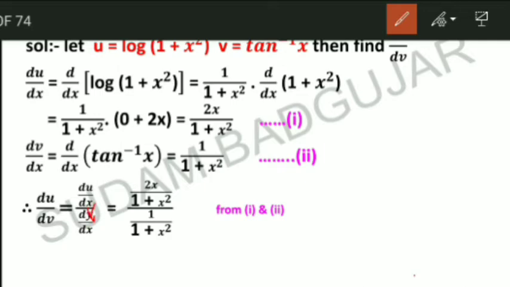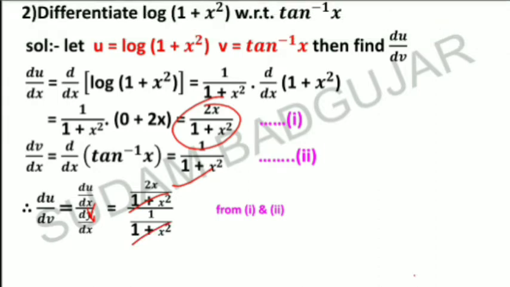You have to substitute the value of du by dx from first and second. What is du by dx? You have to substitute this one, and here 1 plus x square, 1 plus x square get cancelled. After cancelling similar terms, du by dv is equal to 2x.